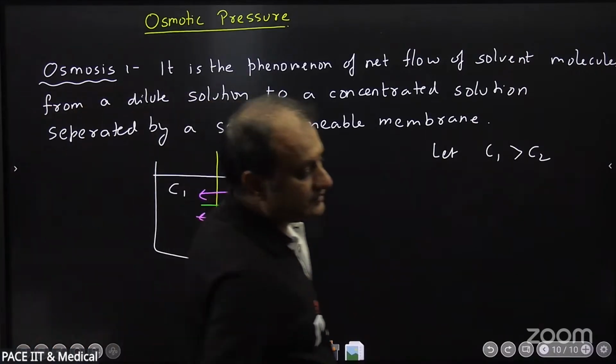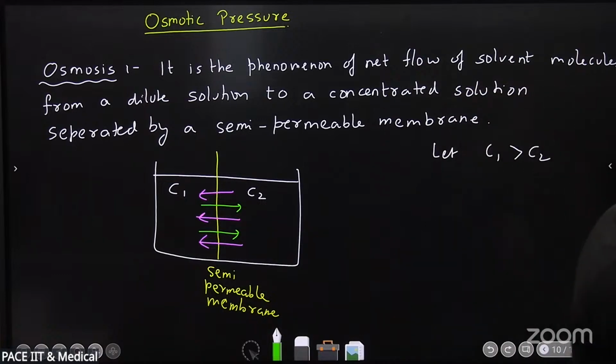But since the concentration of solvent molecules is higher on the right side, the number of solvent molecules crossing from right to left will be greater than the number crossing from left to right. Okay. And therefore, what we have written in our definition, it is the net flow.